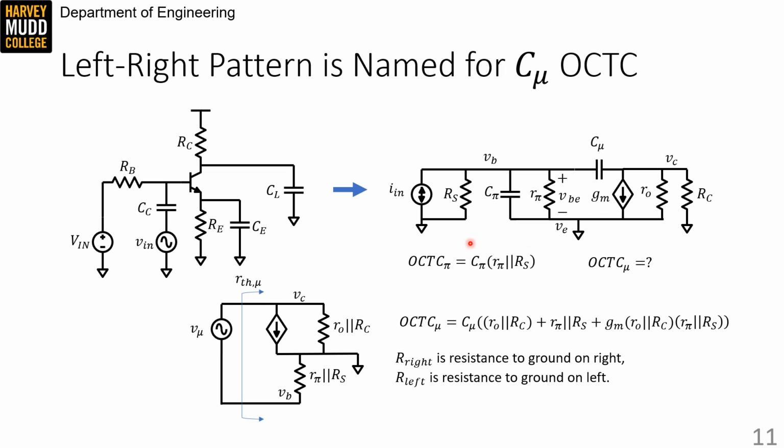But it's also handy to keep in mind because you can often apply similar reasoning to much more complicated amplifiers, where if you find the impedance to the ground from the feedback cap on the right and the impedance to ground from the feedback cap on the left, they're going to wind up making something that looks like a left-right pattern. And that's a quick way to build intuition for tricky amplifiers.